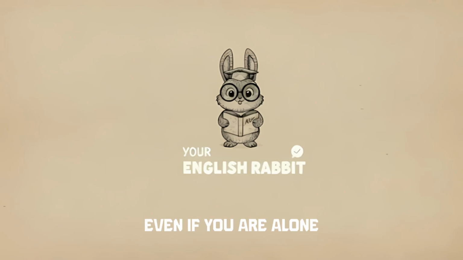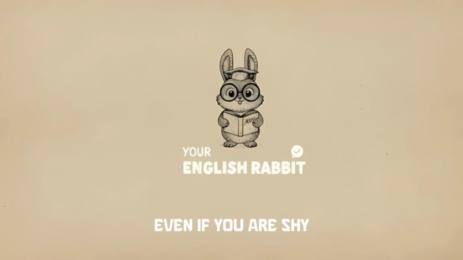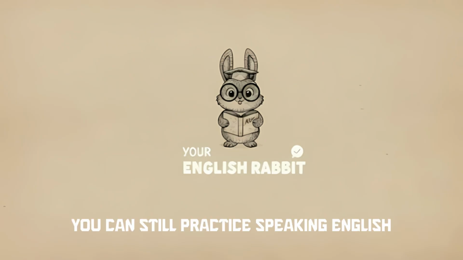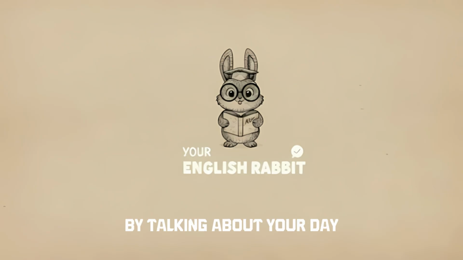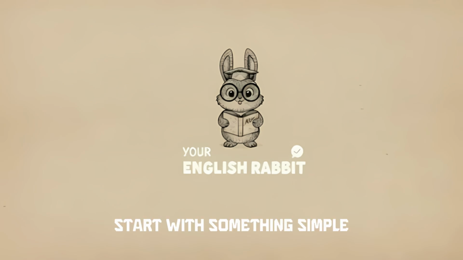Even if you are alone, even if you're not in an English class, even if you are shy, you can still practice speaking English by talking about your day. So, whenever you don't know what to say, start with something simple. What did I do today?